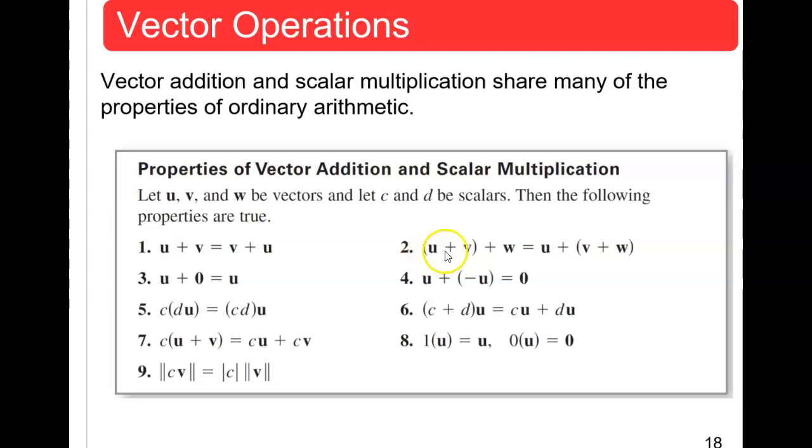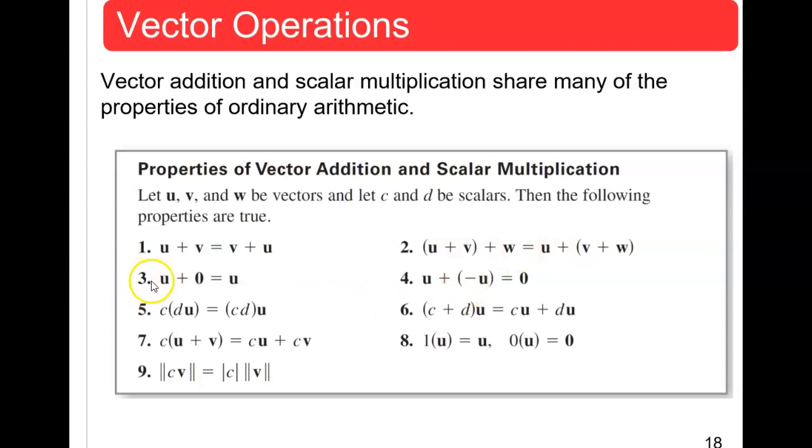You could associate or group u and v together, add those first, and then add vector w at the end. Of course, same thing, you add horizontal components and you add vertical components. Or you may choose to add first vectors v and w and then add vector u after that, and they will be exactly the same thing. So that will be the associative property.